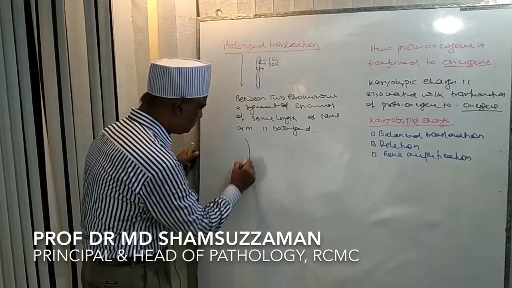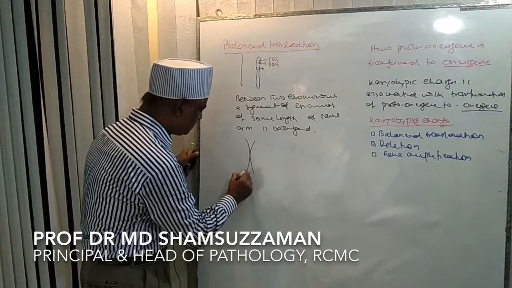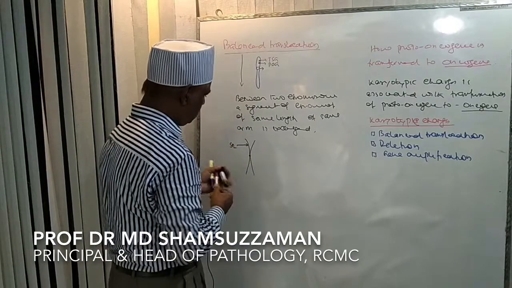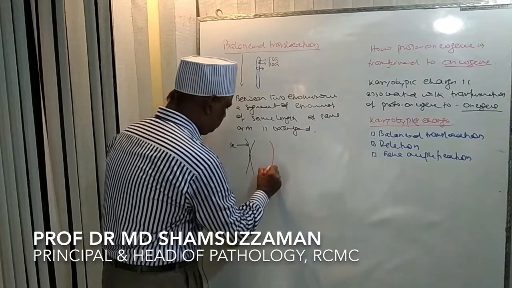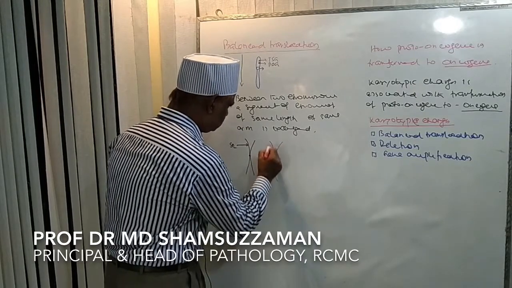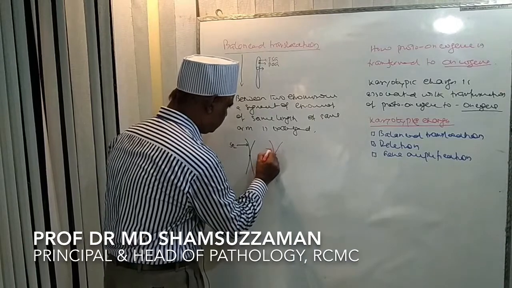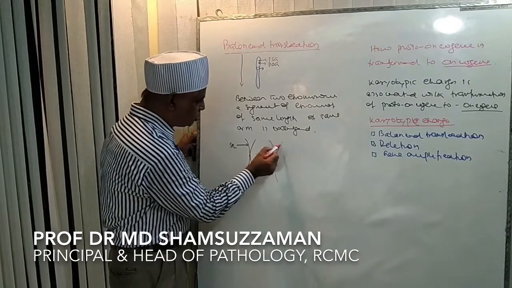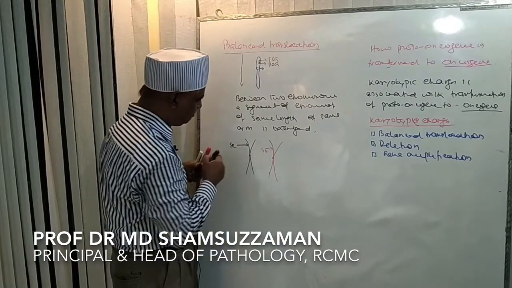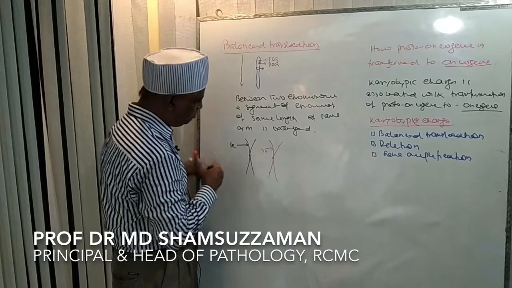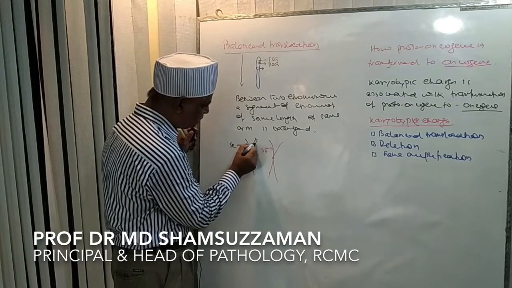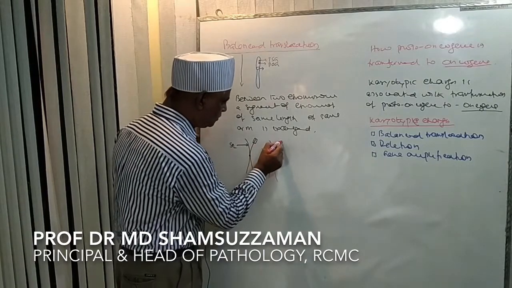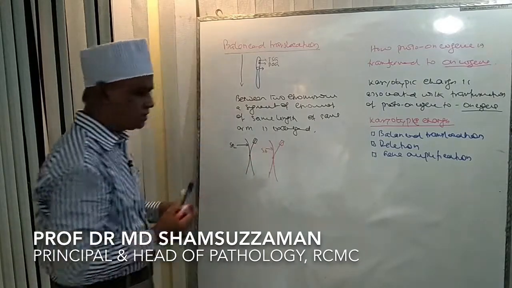Suppose this is a chromosome. This is the centromere and this is the short arm. This is another chromosome. This is the centromere and this is the short arm. Suppose between the short arms of these two chromosomes, the same length is exchanged.